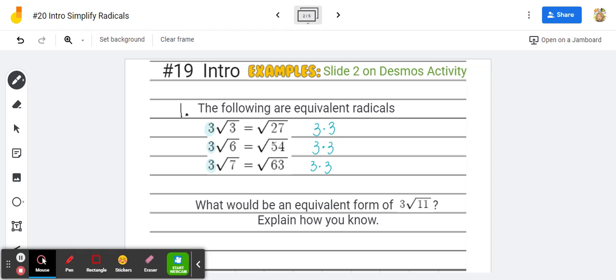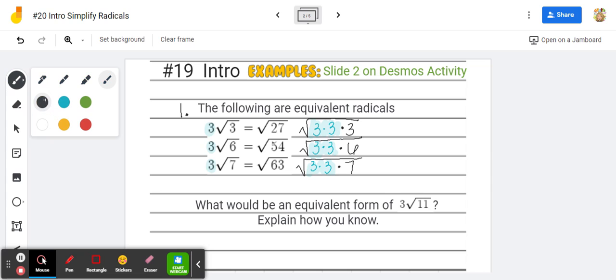So using that same pattern we found in our activity, we would take 3 times 3 and then multiply these by the numbers under the radical. So 9 times 3 is 27, 9 times 6 is 54, and 9 times 7 is 63. What would be equivalent to this form of 3 radical of 11 is our first question.